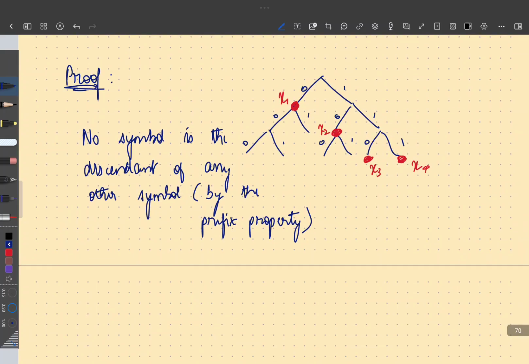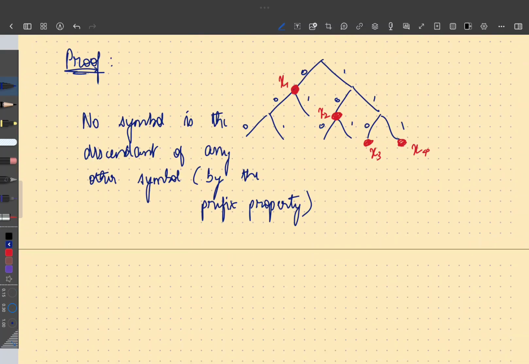Anyway, that aside, this is how I constructed this particular tree. Now, let me consider a random process, which is basically just an IID Bernoulli string. So I keep flipping coins, a fair coin. So I generate a sequence of zeros and ones, and I keep flipping until I hit one of the symbols. Let's generate a process.